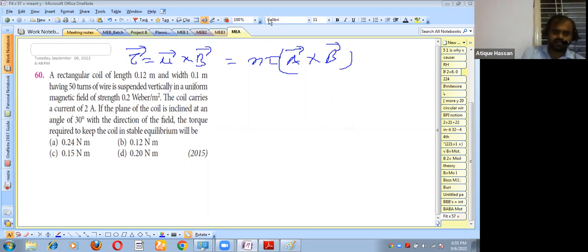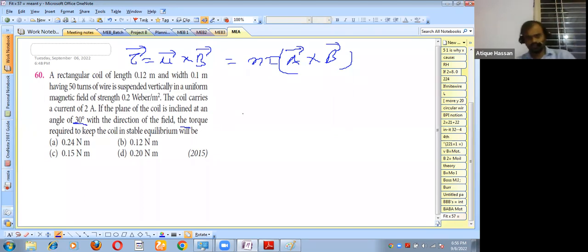If the plane of the coil is inclined at an angle of 30 degree with the direction of the field, the torque required to keep this. So we know that for equilibrium torque must be 0.